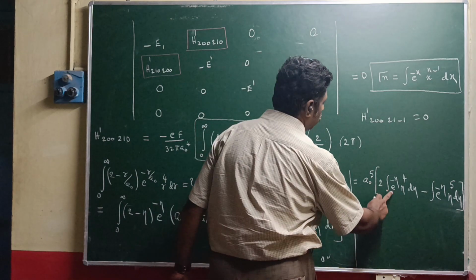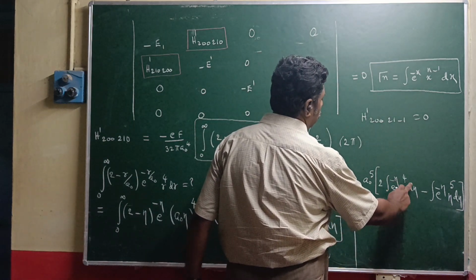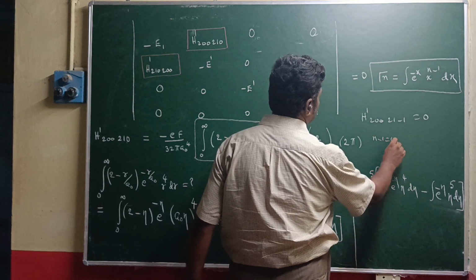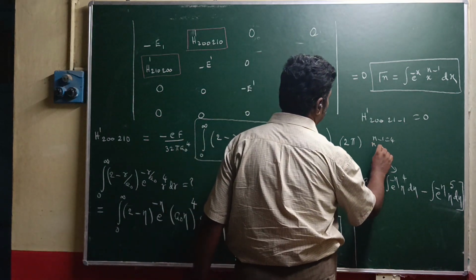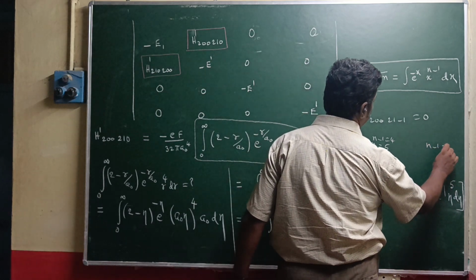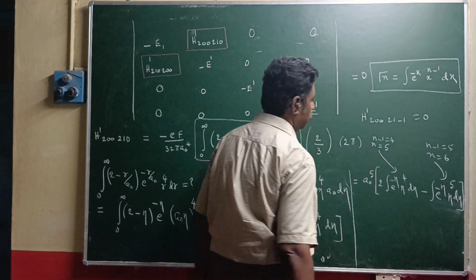See, this is in the same form, e power minus eta, eta power 4 into d eta. Therefore, n minus 1 equal to 4. In this case, n minus 1 equal to 4, therefore n is equal to 5. Here, n minus 1 equal to 5, n equal to 6 in this case.